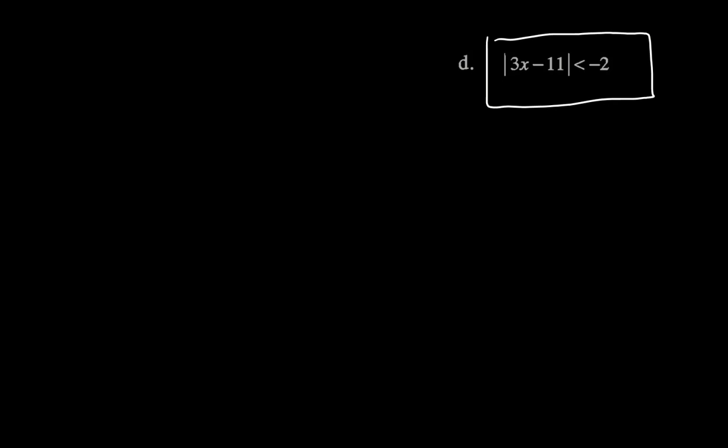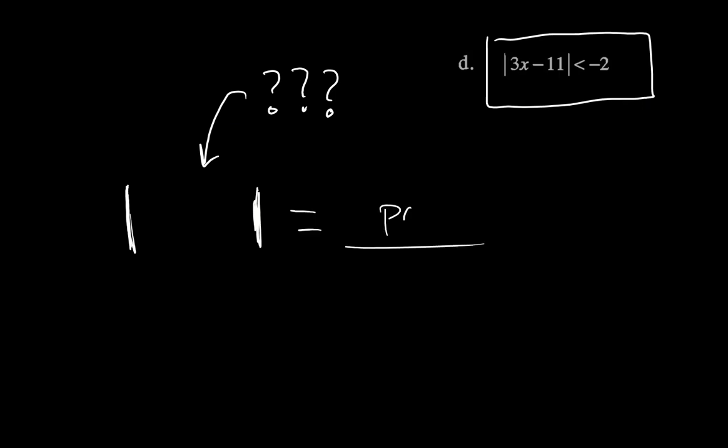I just want you to think about this. You know something about absolute values, right? If you put anything into the absolute value, I don't care what it is, you pick your favorite value, it's always going to become a positive number, right? Because it's distance from zero.